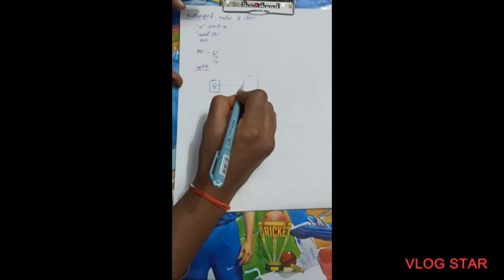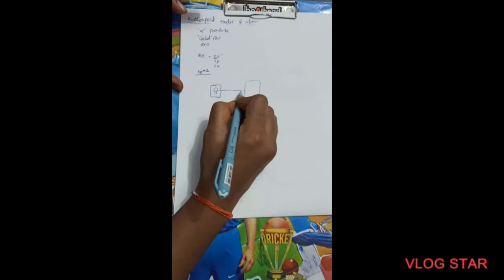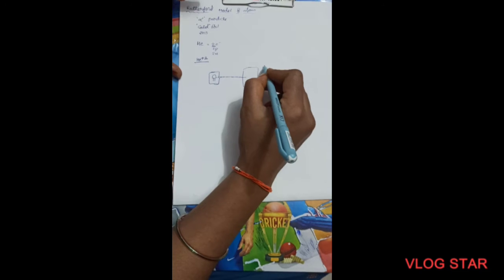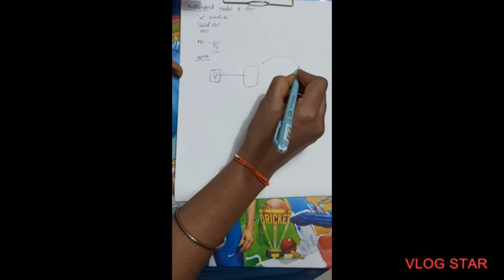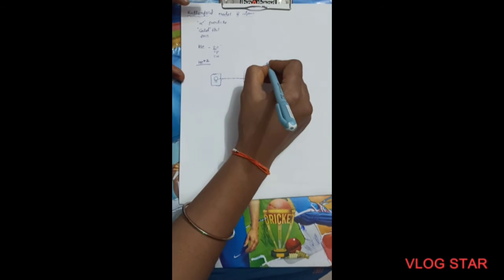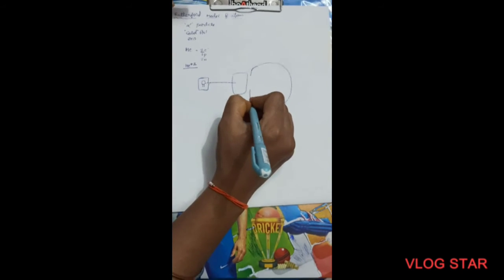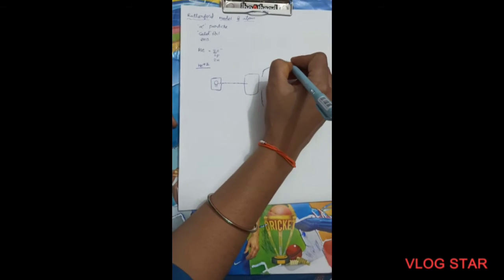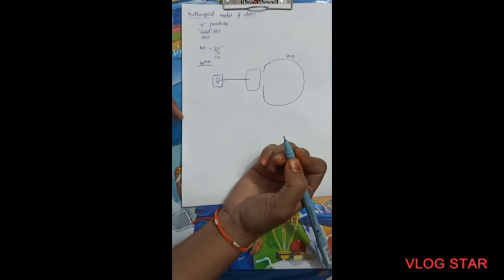If these alpha particles penetrate this gold foil, here he fixes a digital screen. He fixes a zinc sulfate screen. This is the zinc sulfate digital screen.